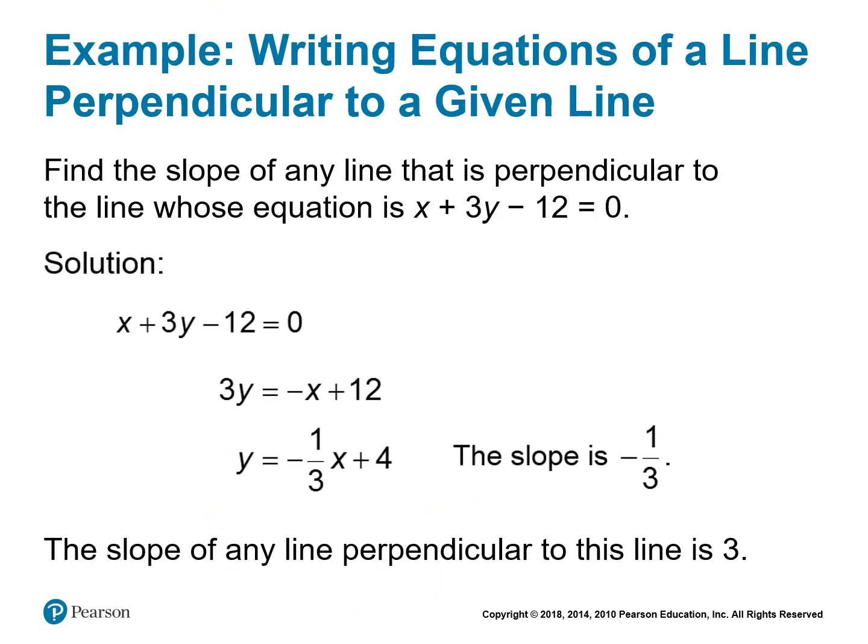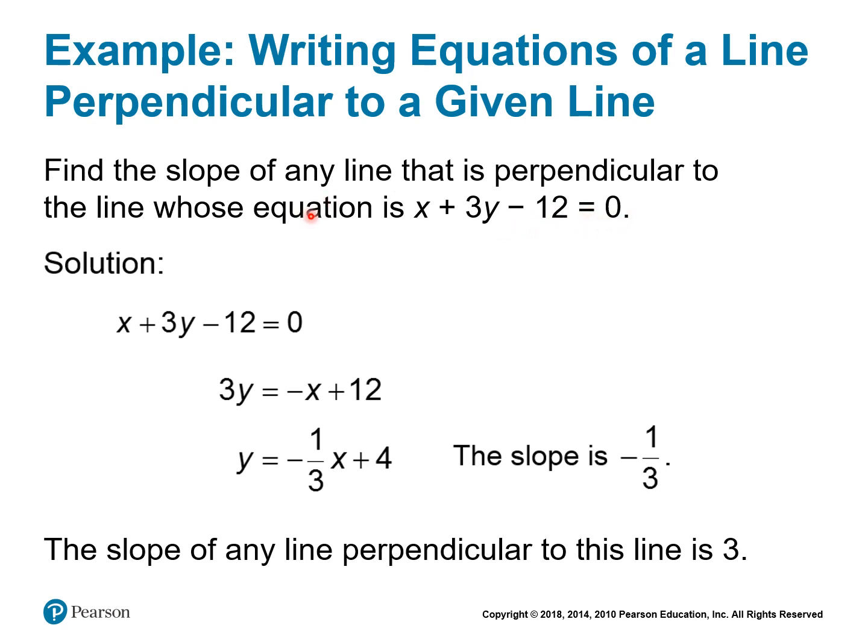Now here's an example of finding the slope of a line which is perpendicular to a given line. It says, find the slope of any line that is perpendicular to the line whose equation is x plus 3y minus 12 equal to 0.